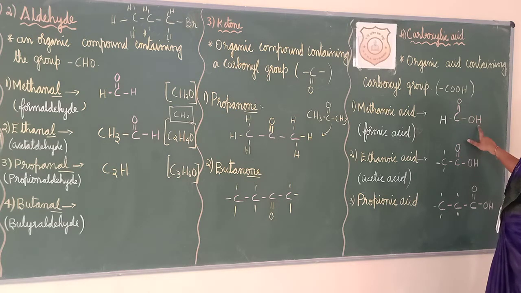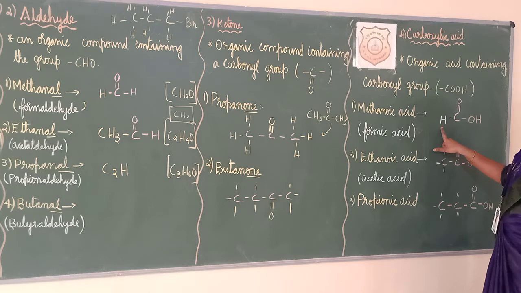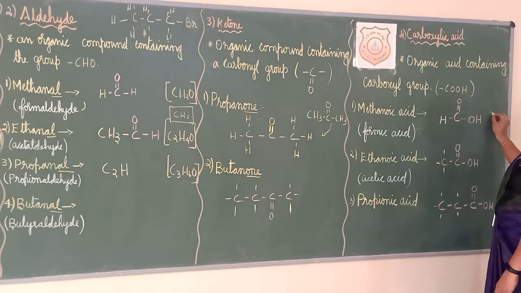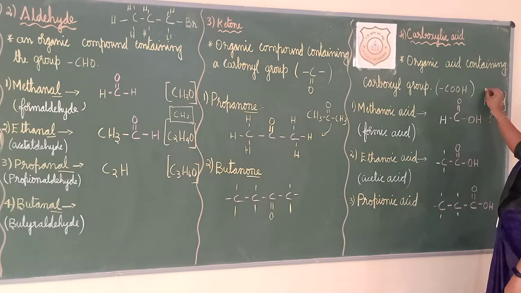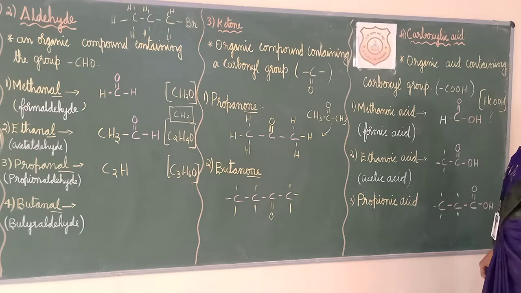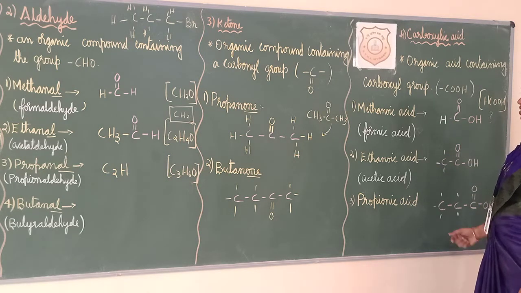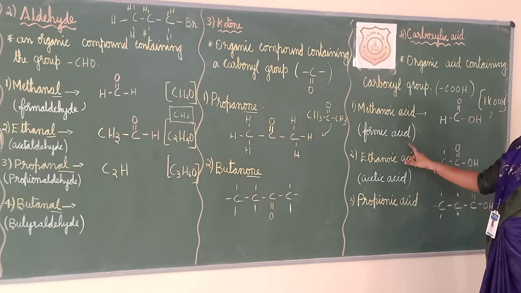COOH should come. I have put 1 hydrogen here. So what should be the formula? Find out. HCOOH is the formula for what? Methanoic acid. The other name of methanoic acid, or the common name, is formic acid.